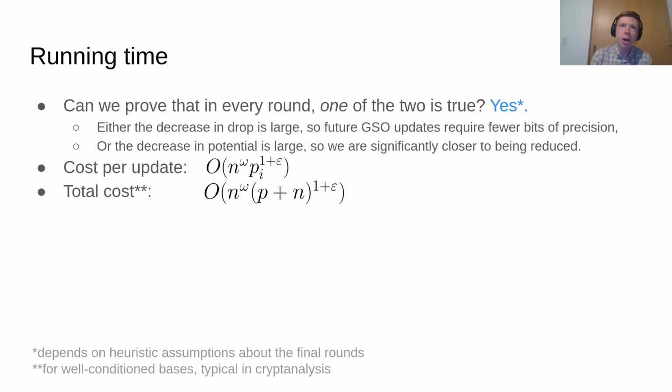If you consider all generic bases, then this increases the asymptotic factor by another factor of n. So we had to have n to the omega plus 1 times this term that depends on precision. But despite these drawbacks, our asymptotic cost is analogous to the asymptotic cost of the previous best, and our implementation cost is quite small as well.